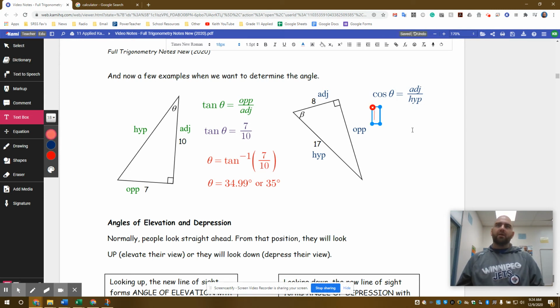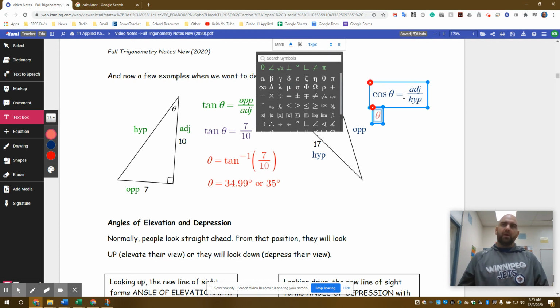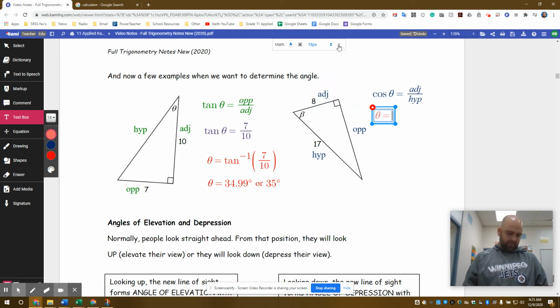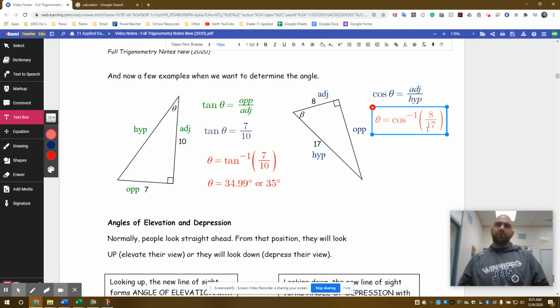I'm actually going to simplify this right away and do the inverse cos right away. So theta is equal to cos negative 1 of our adjacent, which is 8, over our hypotenuse, which is 17.